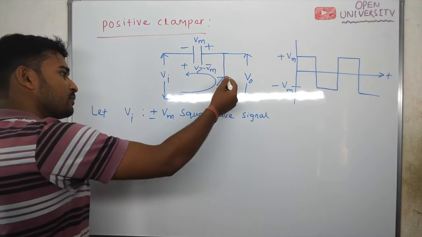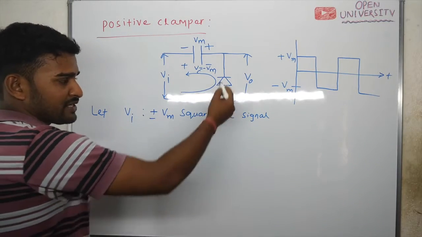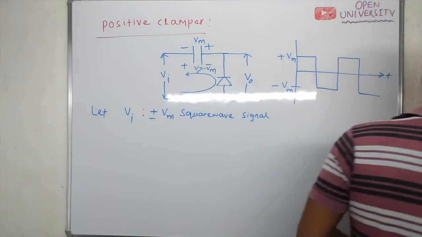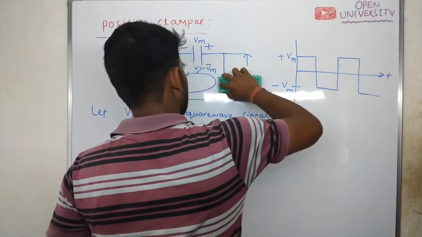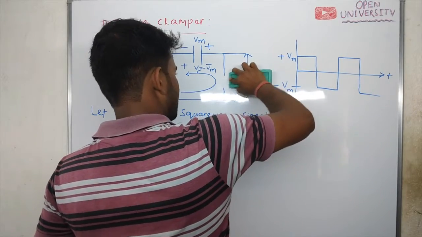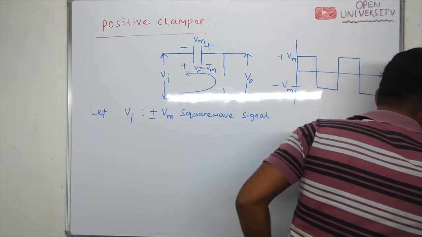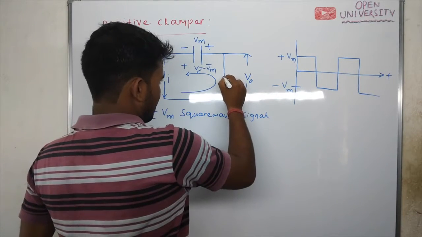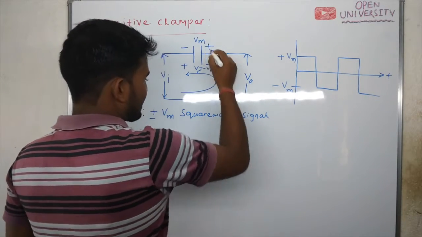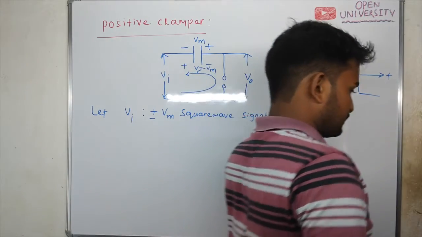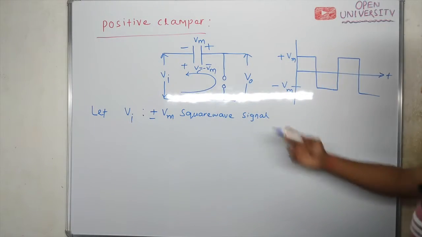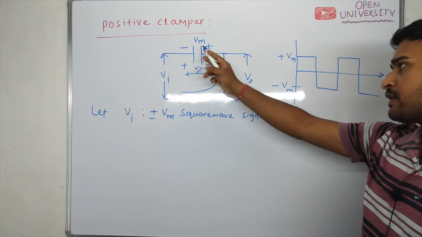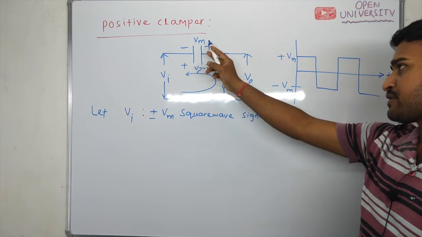So it will be replaced with an open circuit. If you open circuit the diode, then there will be no discharge path, so the capacitor voltage will not decrease. The capacitor voltage will be fixed at Vm. Because there is no discharge path, the capacitor voltage will not change; it will remain constant.